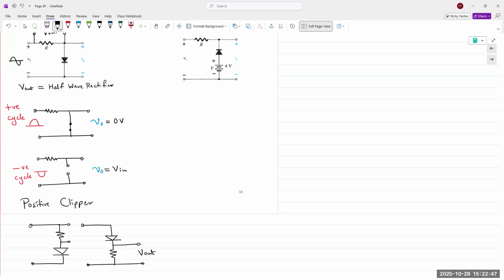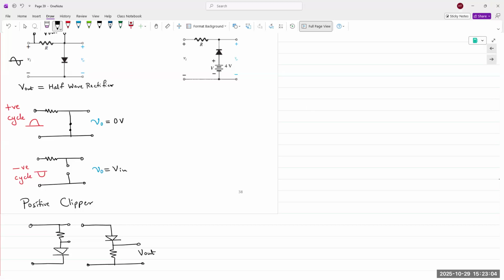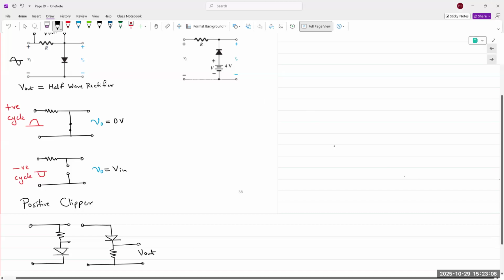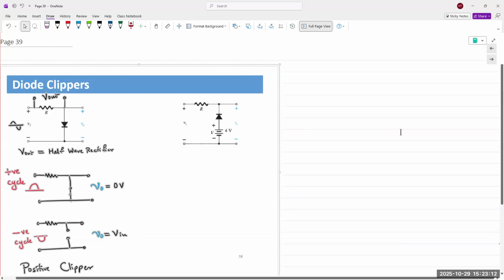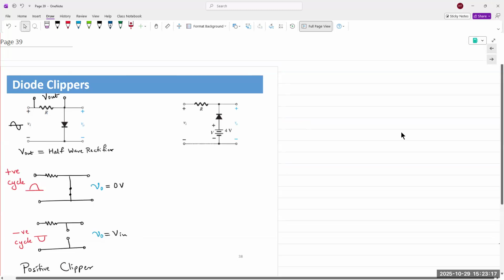All right. How about the next one with the battery? This again is something we did in the lab, right? Now we have flipped the direction of the diode as well as connected a battery in place. So the diode is flipped and we have a battery.